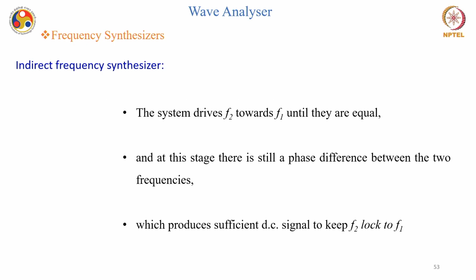The system drives f2 towards f1 until they are equal. When I say they are equal, I am talking about their frequencies. At this stage there is still a phase difference between the two, although they are matching in frequency.